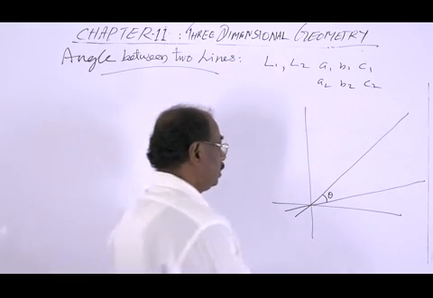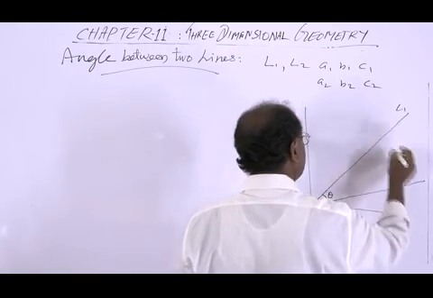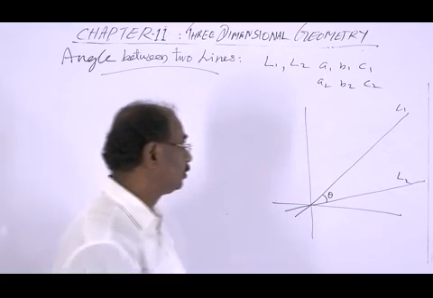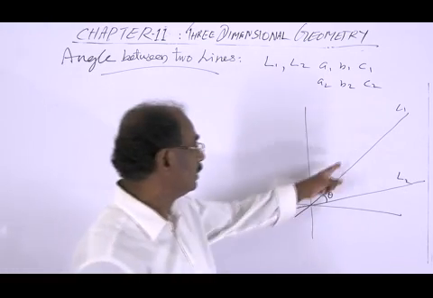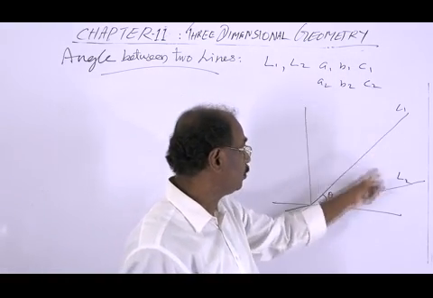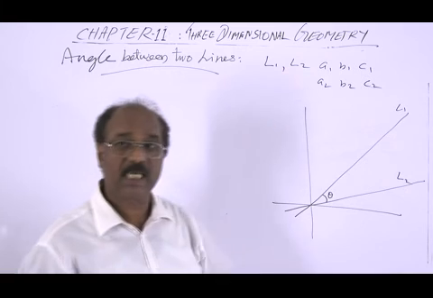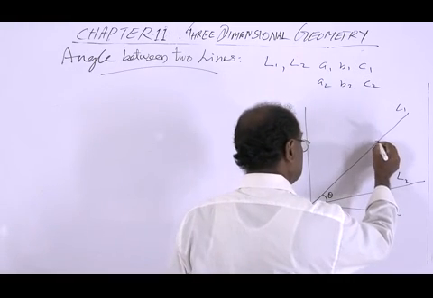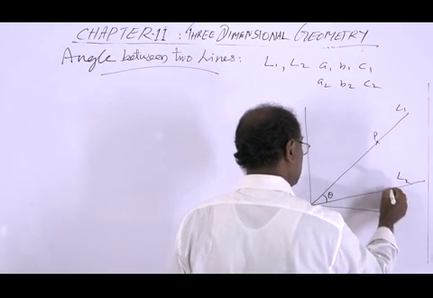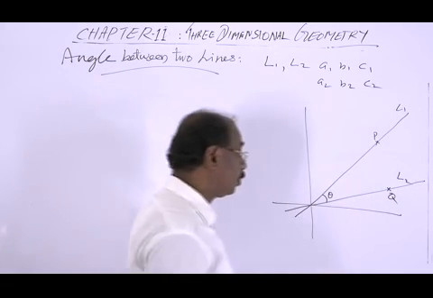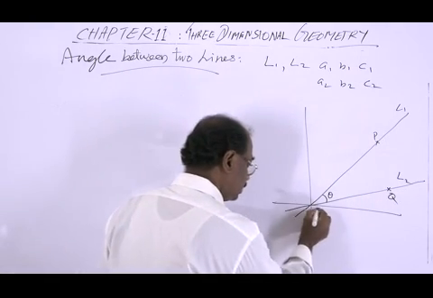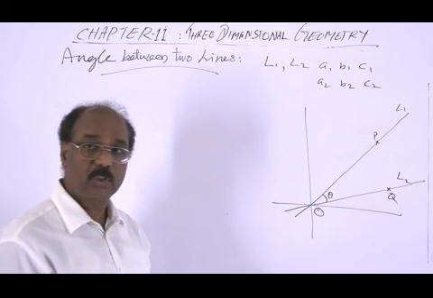Now, the line L1 has direction ratios A1, B1, C1 and L2 has direction ratios A2, B2, C2. Choose P and Q, two points on the two lines, and suppose O is the origin.